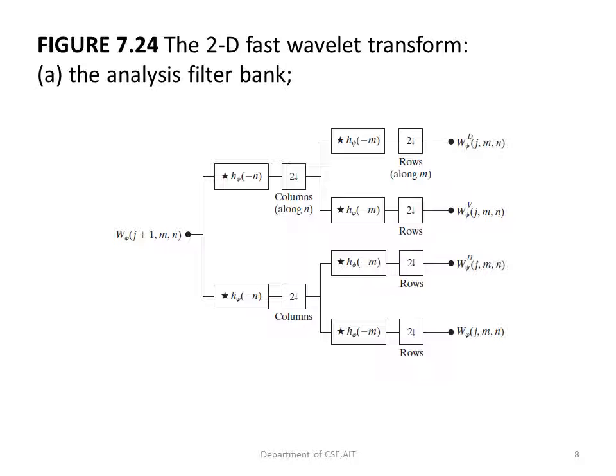This picture shows the two-dimensional fast wavelet transform, the analysis filter bank, and we can see here W phi consisting of h phi and h psi. We have the columns, the rows as well as the diagonals included here.